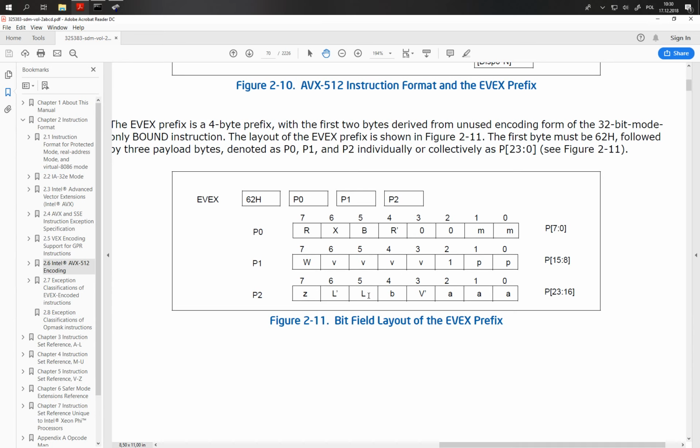And L has been moved here next to extended L. There are now 2 bits that choose the size of the vector, because AVX-512 allows more sizes of vectors. XMM registers, YMM registers, and ZMM registers. 3 different sizes.